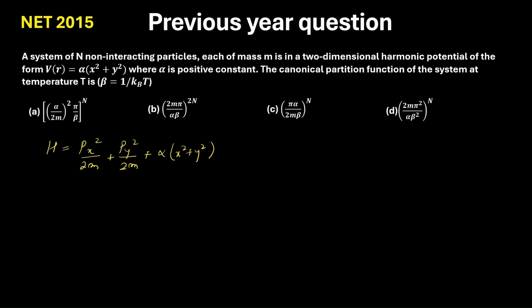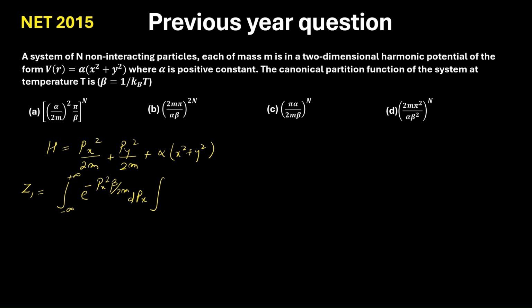So we can find the partition function for a single particle first. The single particle Z1 is equal to the integration of e to the power minus px squared beta by 2m dpx. The integration will be from minus infinity to plus infinity.